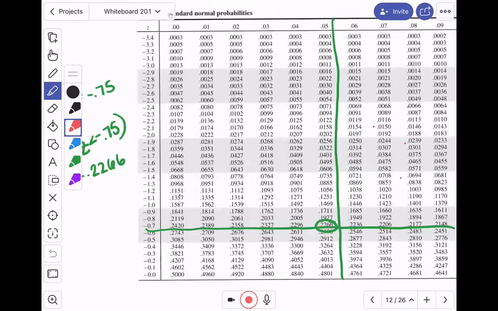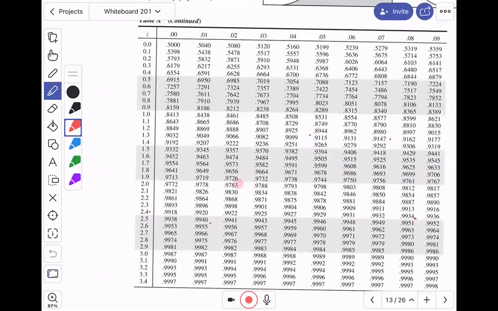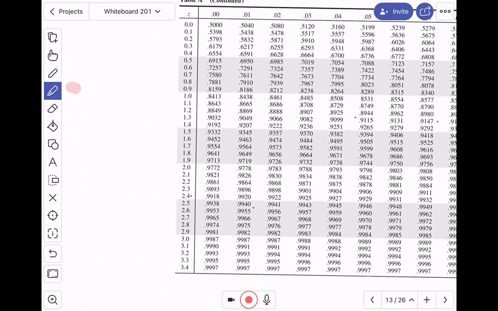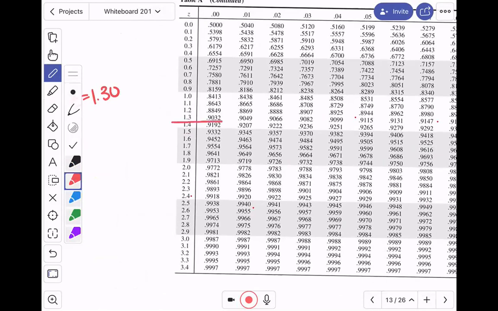So when I go to my chart this time I need to look at my positives, because I'm looking at z equal to 1.30. Again, I'm going to find my ones and my tenths first. So I come on here and I see that 1.3 is sitting here. So I'll draw a line across like that.